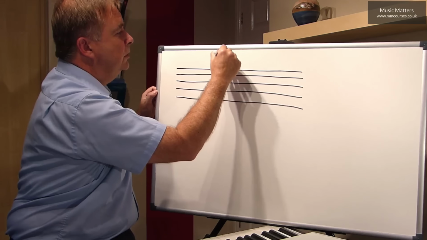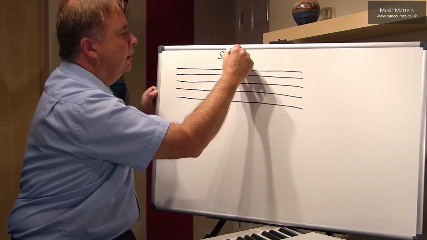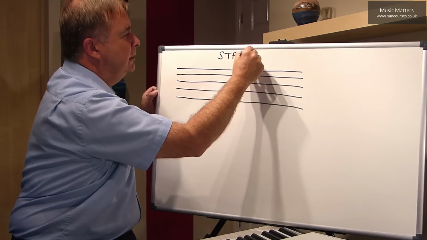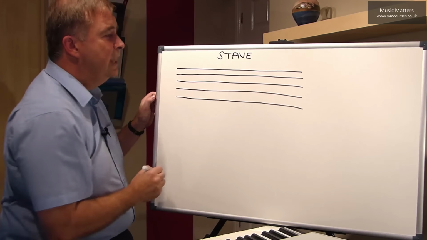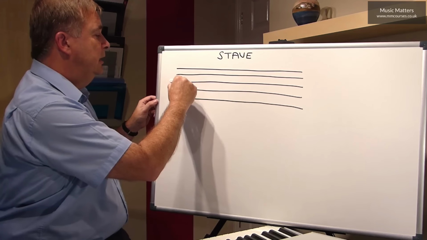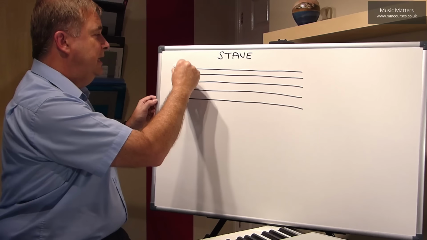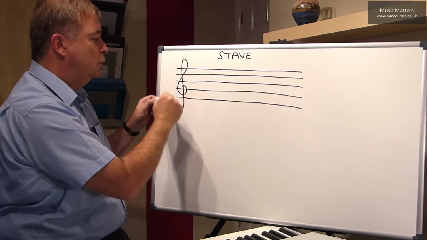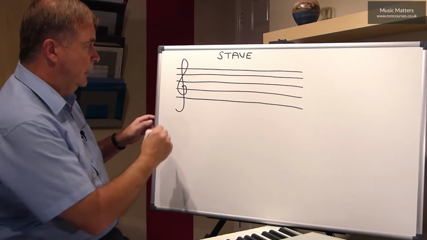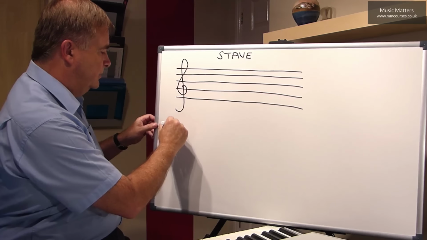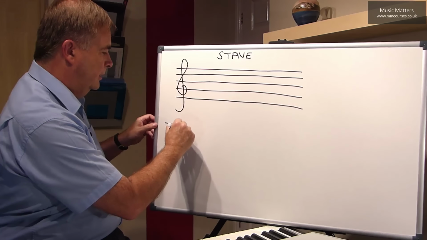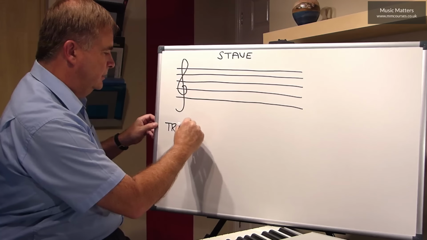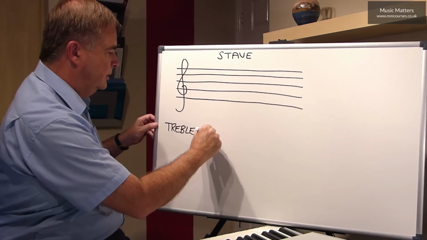I'll just put that word up here. That's the stave. And this funny curly-whirly thing that I'm writing at the beginning of the stave is called the treble clef. Let's make a note of that while we're here. So there is the treble clef.